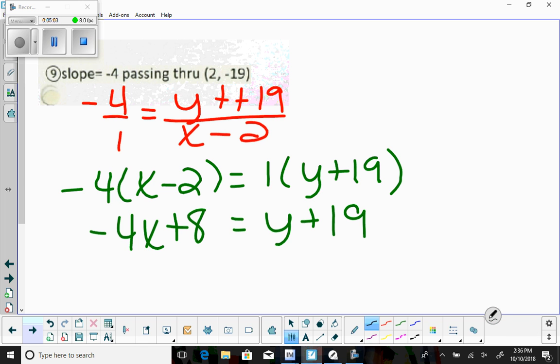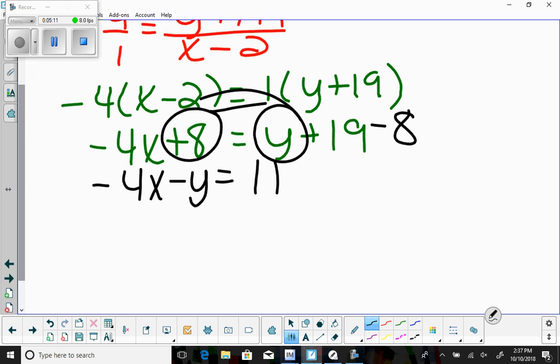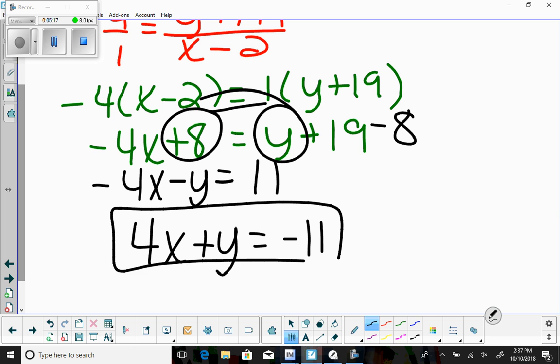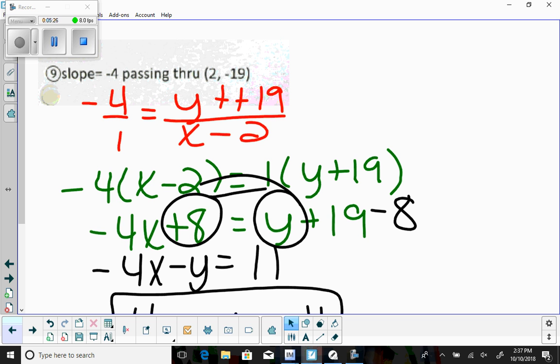So rearrange here. That becomes a negative y. That becomes an 11. And again, we have a negative x, so we need to change all of our signs. All right, and that's the last one of those that I did for y'all today, which is approximately half of your homework completed.